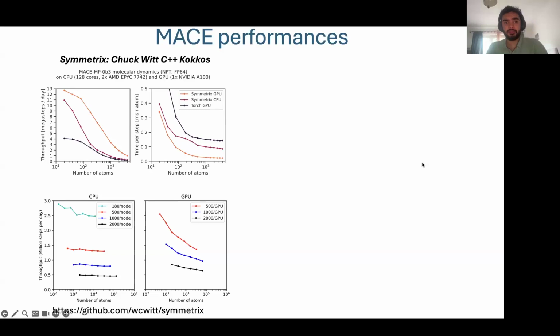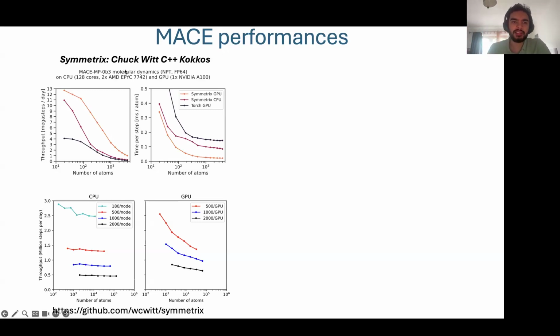And the last thing is that the premise of these models was that they are accurate but also fast. And so it's very important to also speak about performance. And basically, I would say that right now you can do about a few nanoseconds a day, so a million steps of MD per day for 1,000 to 10,000 atoms.